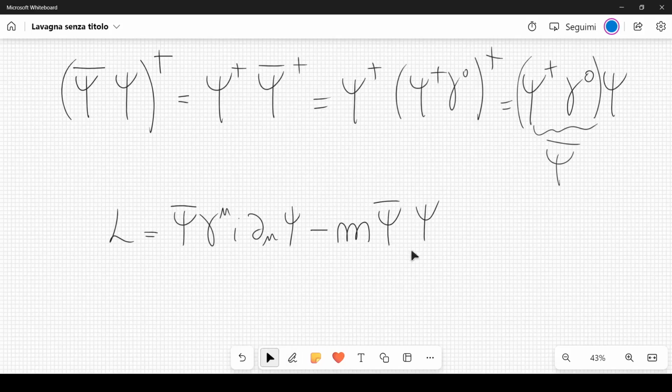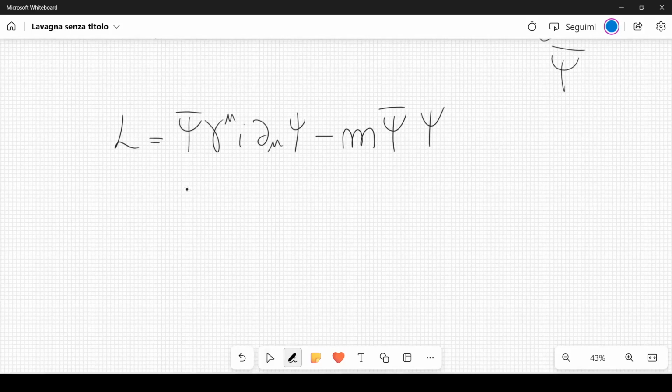Now, from this one can derive the field equation, for example, for psi, and something similar for psi bar. So you can derive two field equations, one for psi and one for psi bar. Well, if you vary this Lagrangian, and in particular if you vary the action with respect to psi bar, you get the equation for psi.